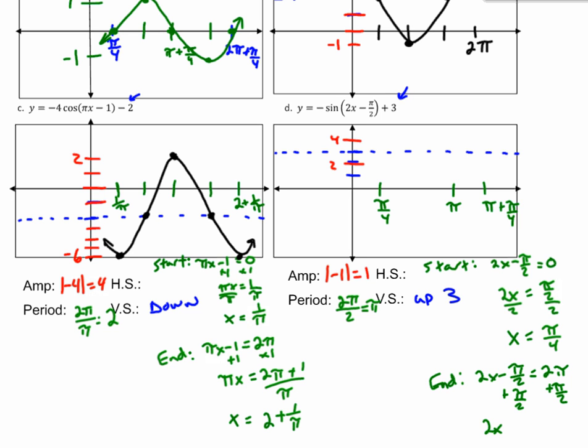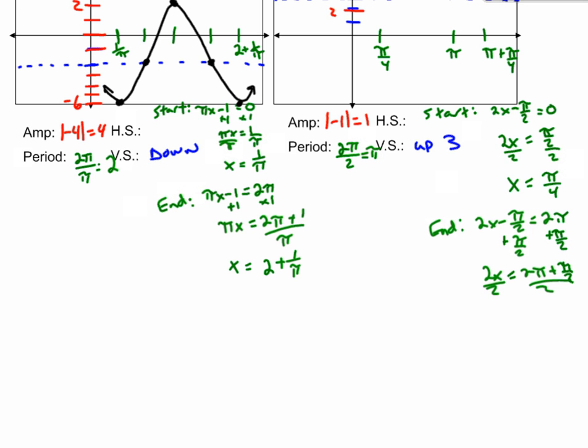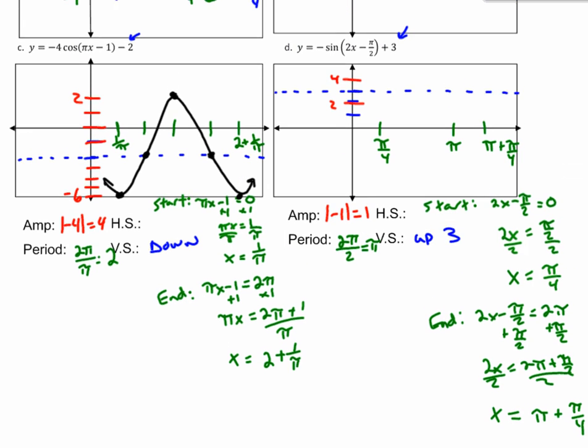And I get 2x equals 2 pi plus pi over 2. Divide that by 2. Run out of room. So I get x equals 2 pi divided by 2 is pi. Pi divided by 2 divided by 2 is pi over 4. So it's pi plus pi over 4. Just like we planned, this is going to move to the right, pi over 4.